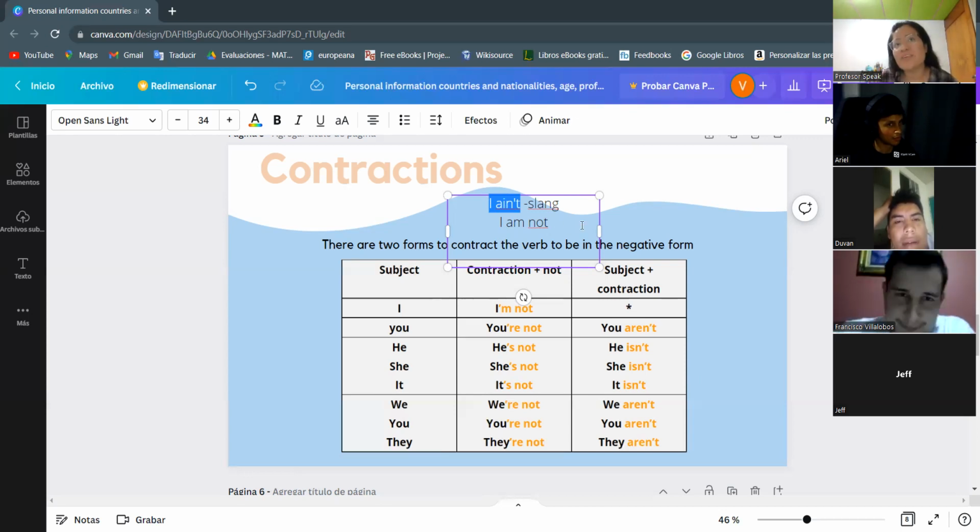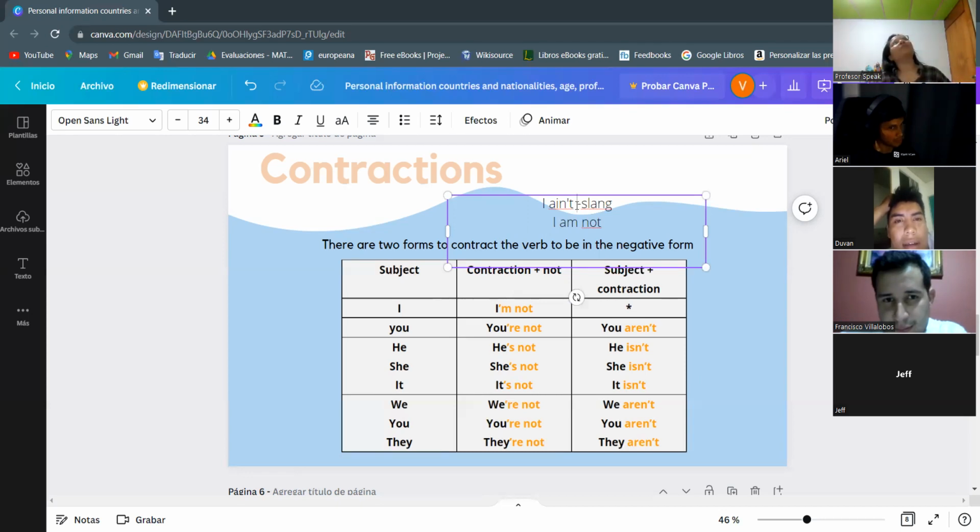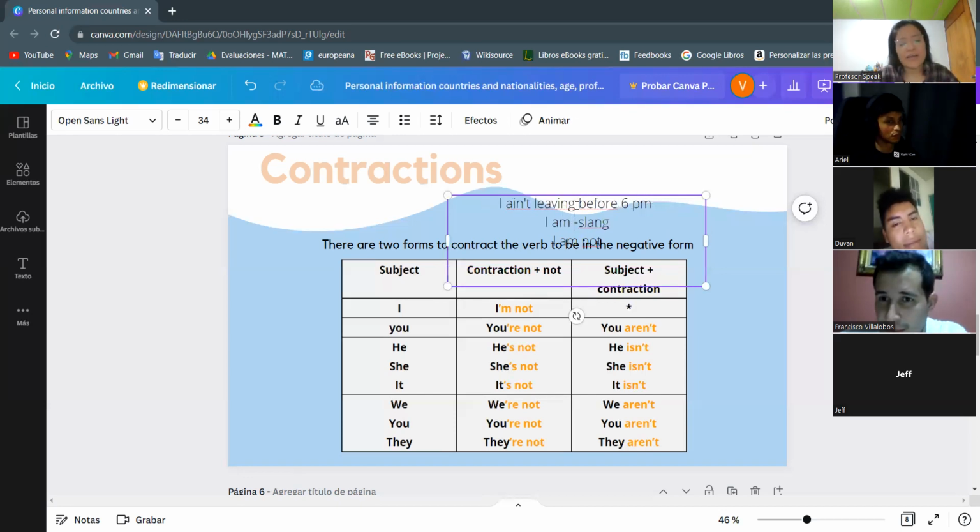It depends on the context. In a job interview, no, but you can use it with your friend. For example, if you want to tell them that you are not leaving before 6 p.m., you can say, I ain't leaving before 6 p.m. It's like saying, I am not leaving before 6 p.m. And it's valid.